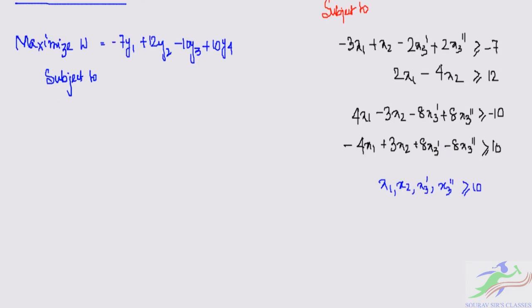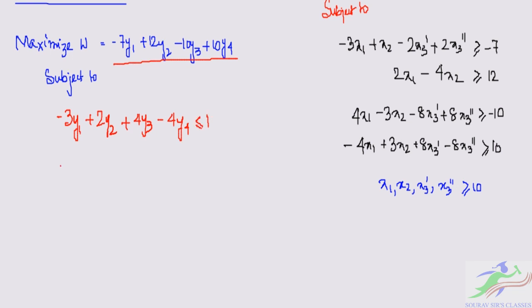Now, maximize this, subject to minus 3y1 plus 2y2 plus 4y3 minus 4y4 less than or equal to 1.